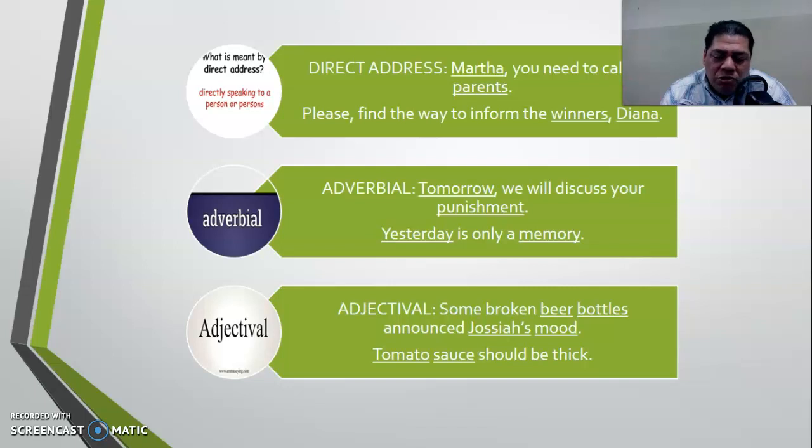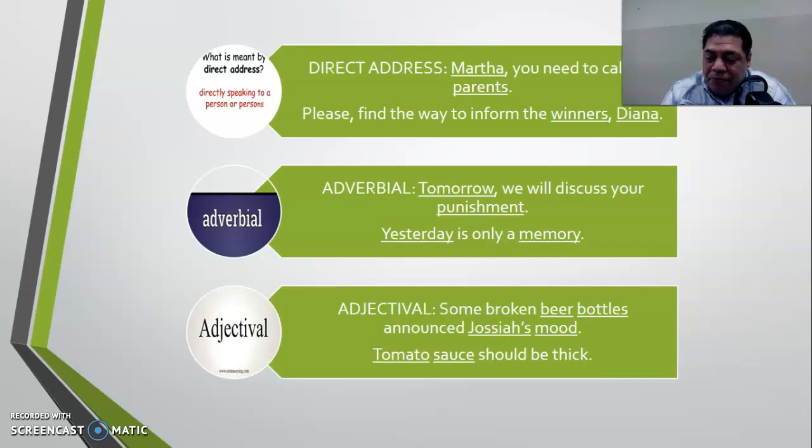That is not Josiah is. That is Josiah's mood. It shows possession. So I automatically have to say Josiah's genitive. Remember, it's genitive, not genitives. It's not plural, guys. Josiah's genitive. And mood would be the direct object.